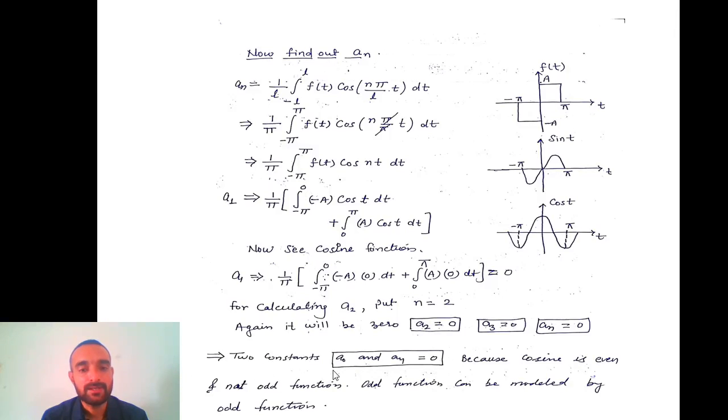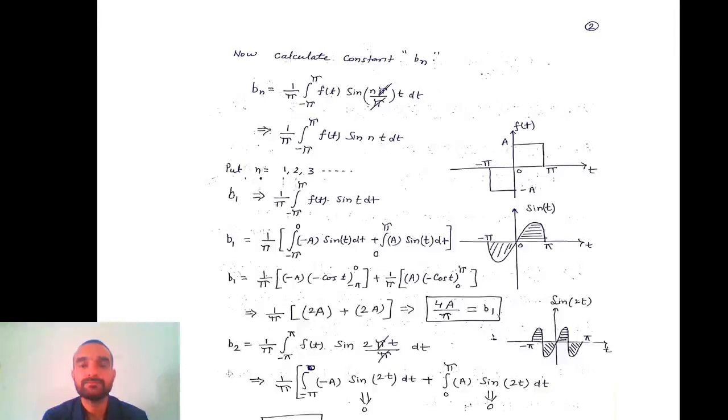The two constants an and a0 are 0 because cosine is an even function and not an odd function. An odd function can be modeled only by odd functions. So an is always 0 for odd functions.